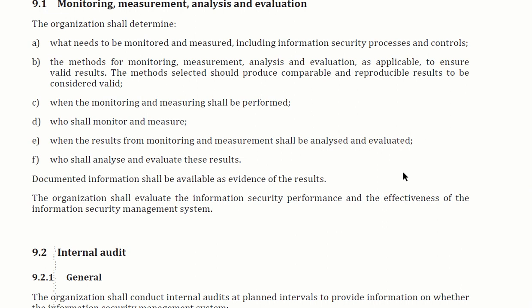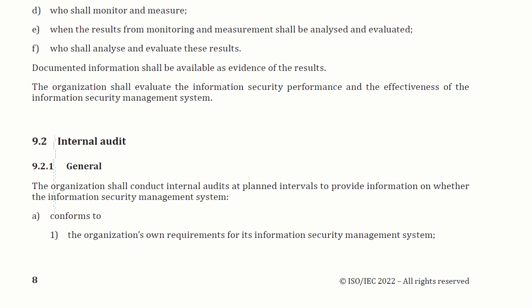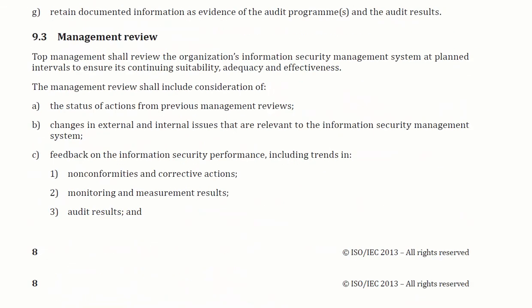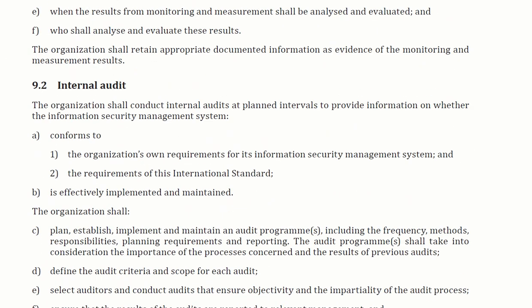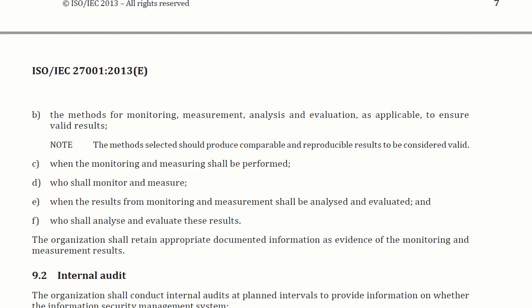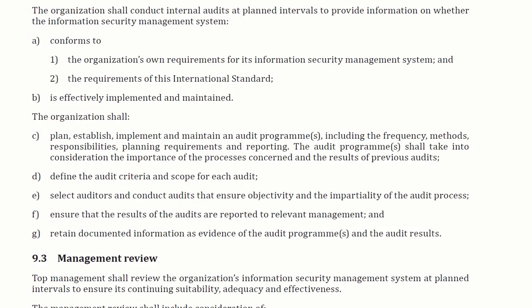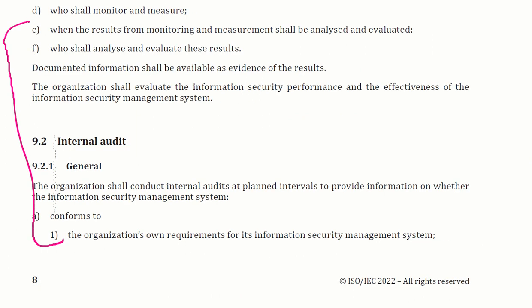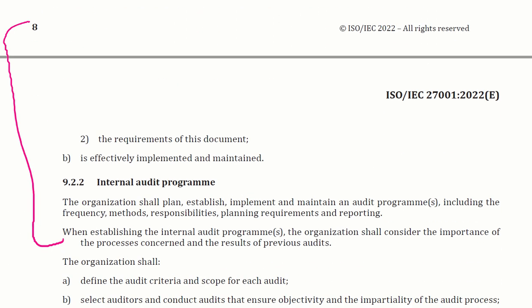In 9.2 and 9.3, 9.2 was internal audit. If you see your older standard, in 9.1 and 9.2 was the internal audit. These were the things in the older standard. If you see the newest standard, they have segregated this between general and internal audit program.